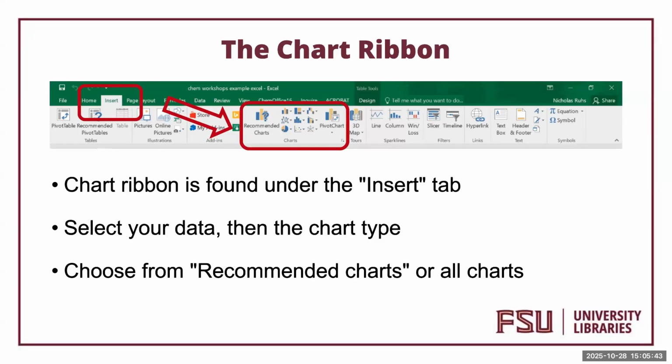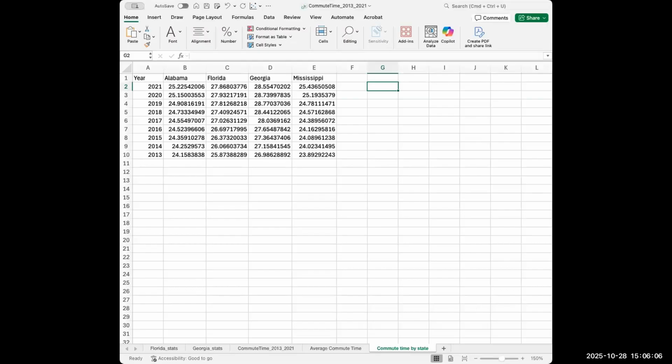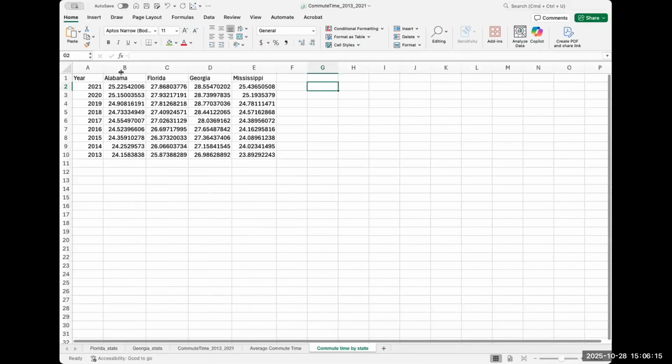To show that in action, we are going to plot a specific subset of the commute time data. So if I go back to Excel, you'll see I've selected a new sheet here.